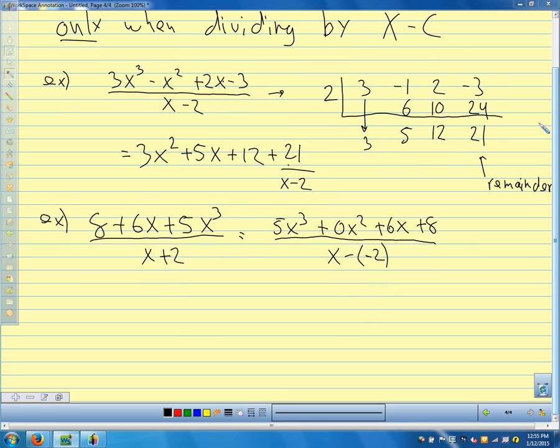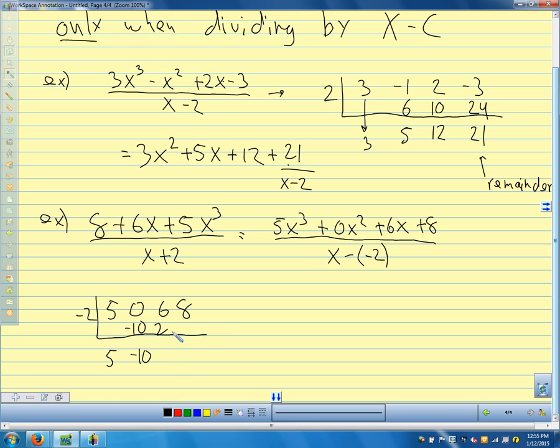So now I can do my synthetic division. I'm going to write my coefficients. 5, 0, 6, 8. And I'm dividing by x plus 2. So I put the negative 2 out here. Bring this one down. Multiply. Add.